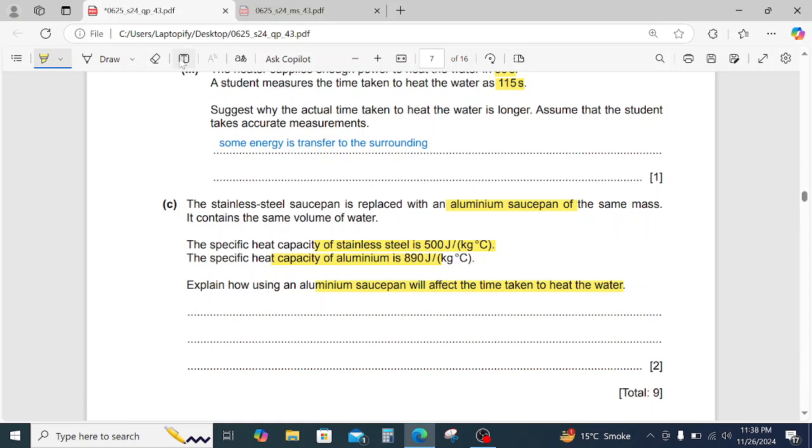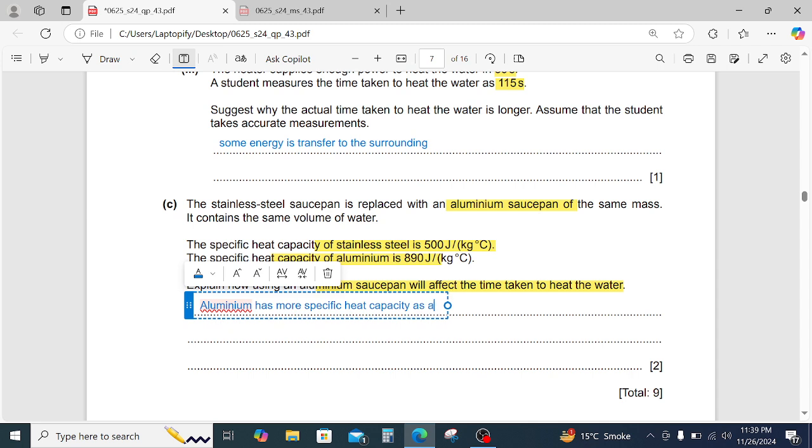So I will write here: aluminium has more specific heat capacity compared to stainless steel.